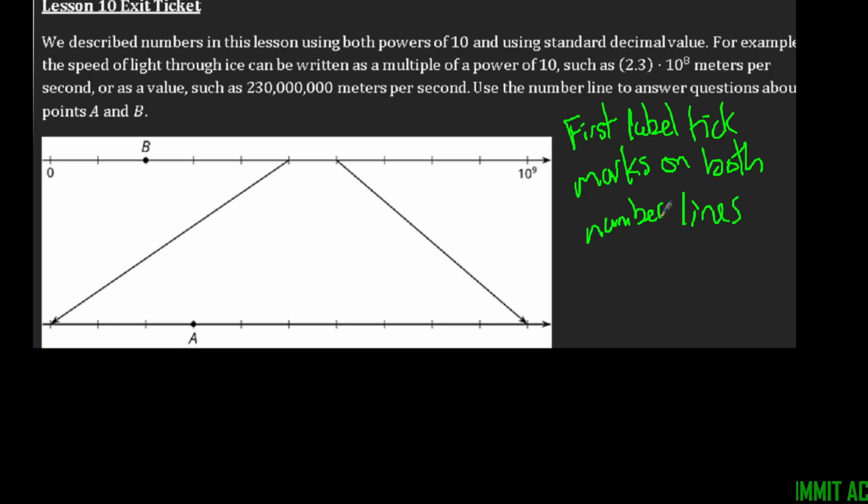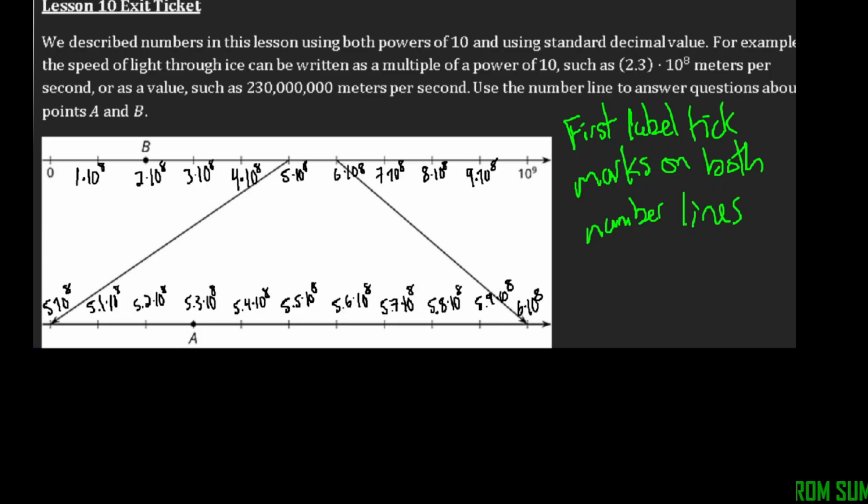So once you label those, then you'll be able to have those points. So let's actually do that first. So now that you have those points labeled, again, you can use those different points to be able to come up with different values.